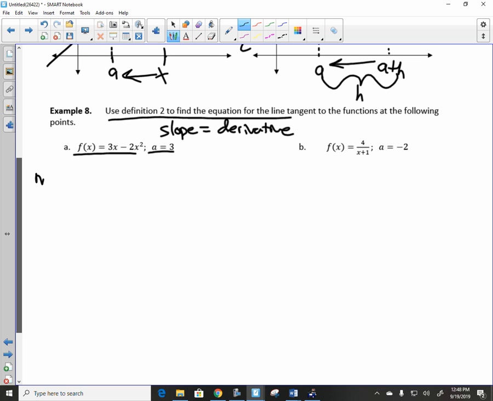I need the slope, and I need a point. The point, I choose 3 for x. What do I choose for y? Plug it in. I got 6 minus 18. I'm sorry, 9 minus 18. Negative 9.